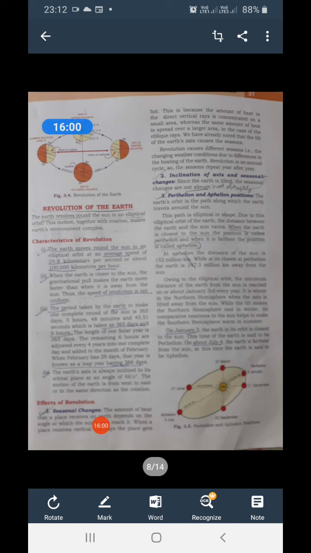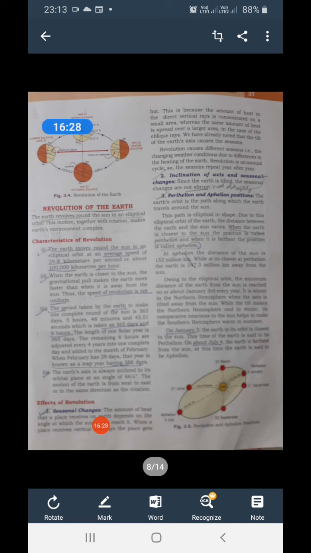Now children, we come to the effects of revolution, and they've said that revolution of the earth causes seasonal changes. The amount of heat that a place receives on earth depends on the angle at which the sun's rays reach it. When a place receives vertical rays of the sun, the place gets hot.